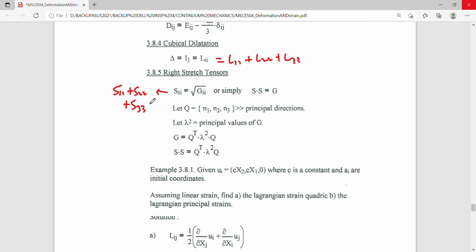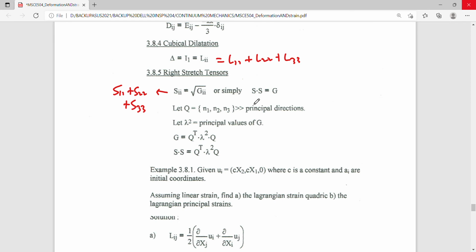And this, of course, is related to the square root of your Gii, where if we want to take a look on the explicit definition in mathematics, this is simply an S squared equals G. Therefore, S is equal to the square root of G.